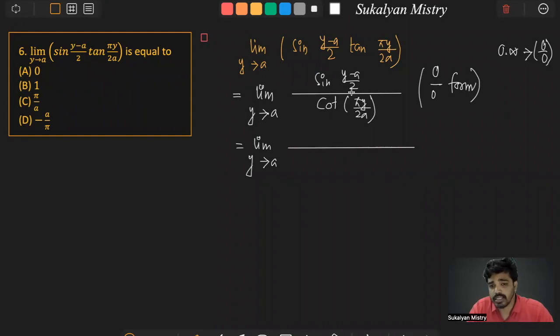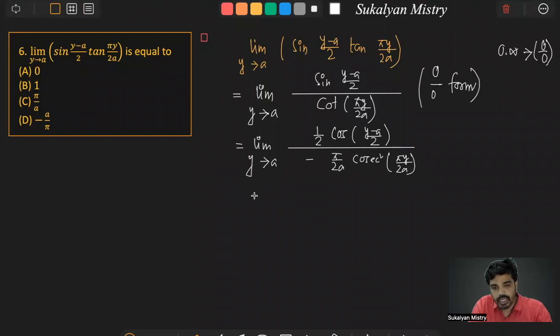Sin of (y minus a) by 2 differentiates to 1/2 cos((y minus a) by 2). Next, cot theta differentiates to minus cosec square theta, and the constant term is pi by 2a, so minus pi by 2a cosec square(pi y by 2a).